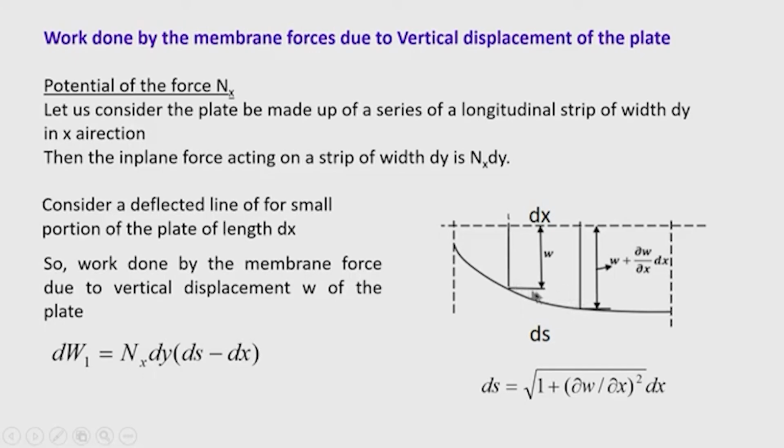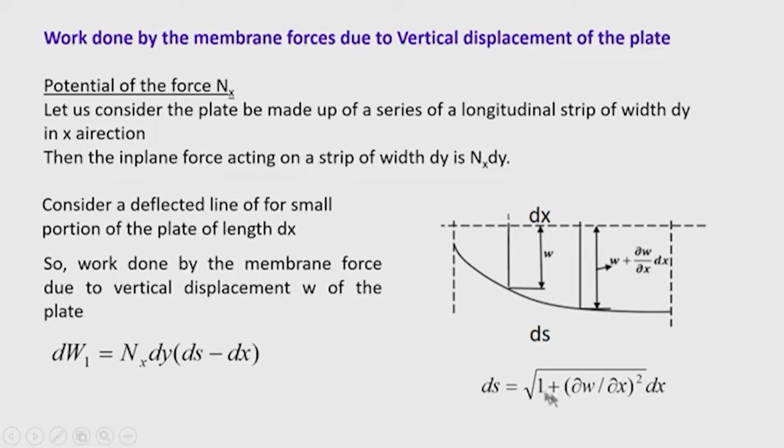From the right-angled triangle we can write ds square equal to dx square plus dy square. So, naturally ds is root over 1 plus del w by del x whole square, into dx, where dx is outside the square root.